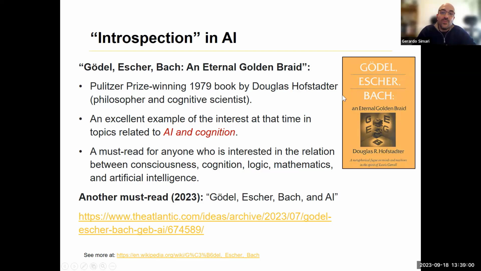If you haven't read this book, I really recommend it. It's an excellent example of the interest at the time related to AI and cognition, but it's also, in my opinion at least, a must-read for anyone who's interested in all of these topics, all the relation between consciousness, cognition, logic, math, artificial intelligence. More on the symbolic side, of course.